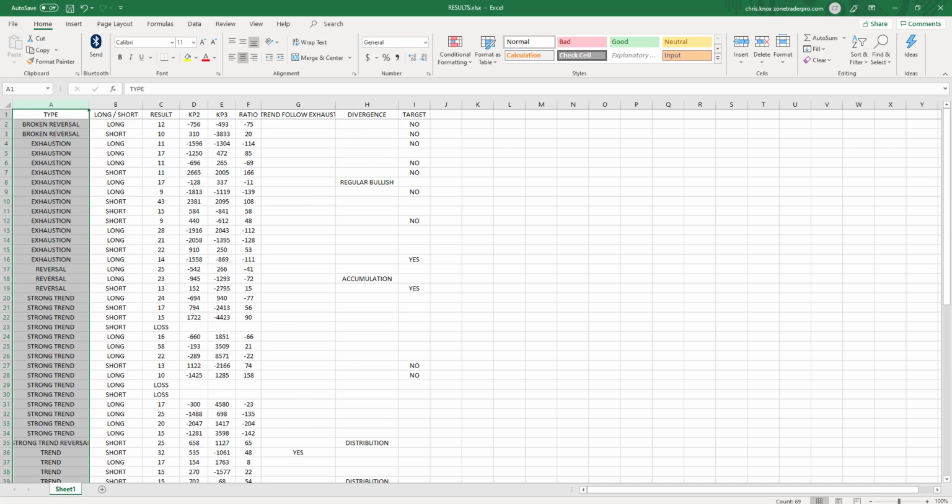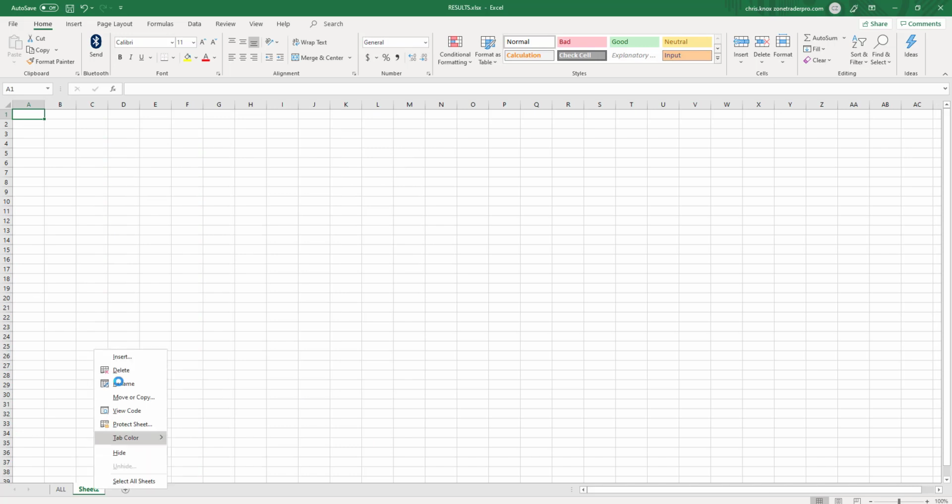Now the next thing I want to do is give each one of these things their own sheet inside of this worksheet. So I'm going to rename Sheet 1. I'll call that All. Sheet 2, Broken Reversal.